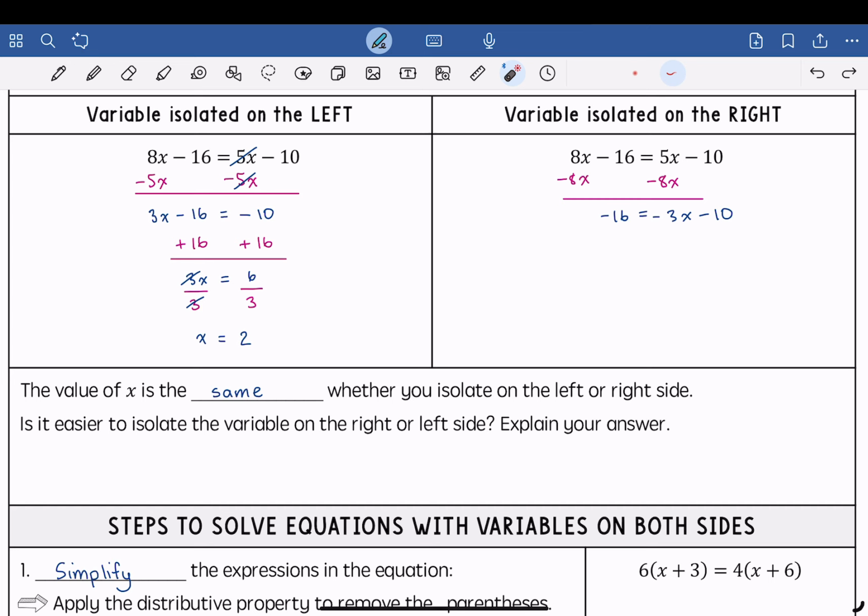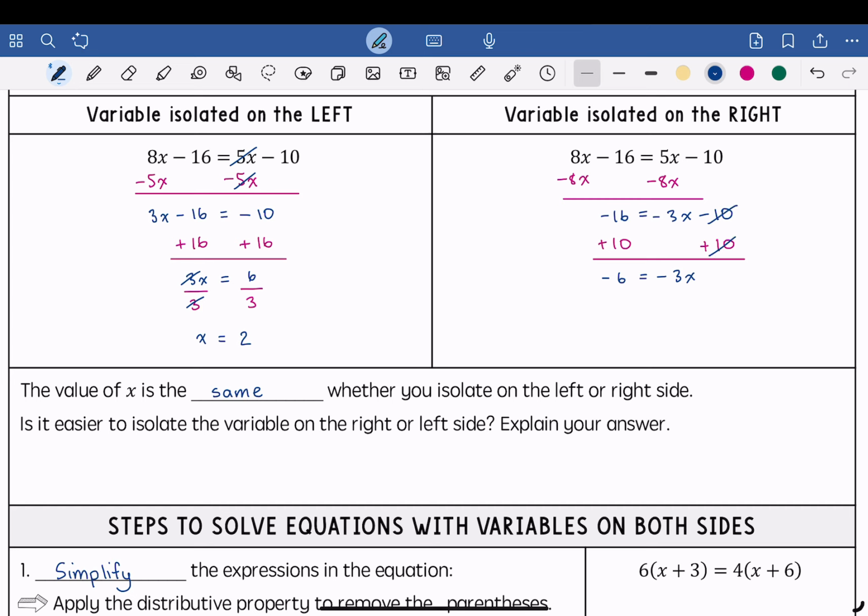I'm going to eliminate negative 10 on the right side so that the constants will be placed together on the opposite side of where the term with the x is. Which will give me negative 16 plus 10 is negative 6, which is equal to negative 3x.